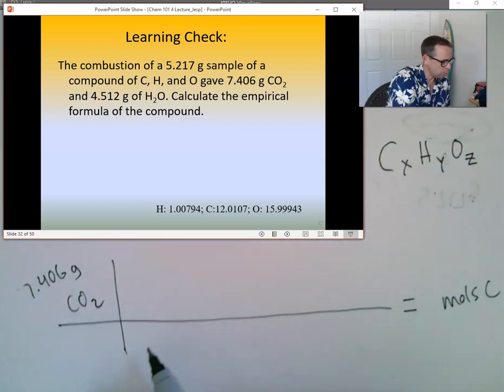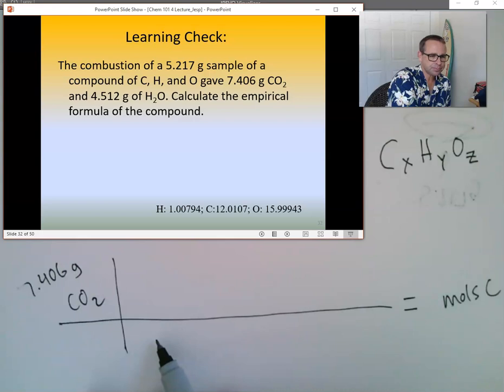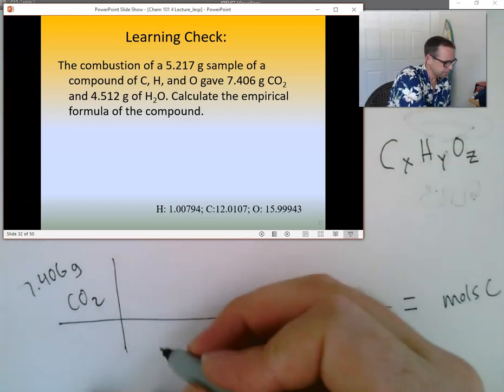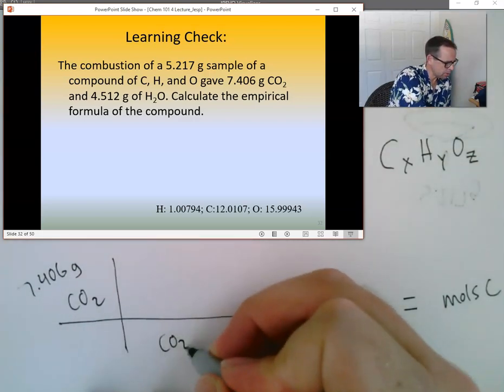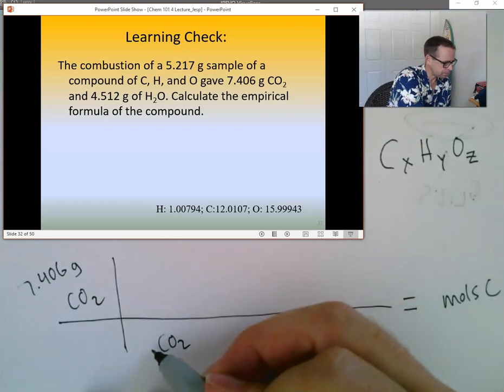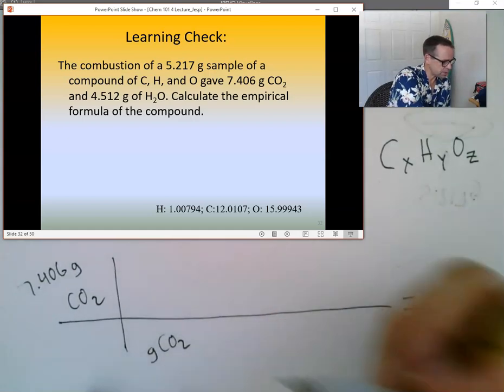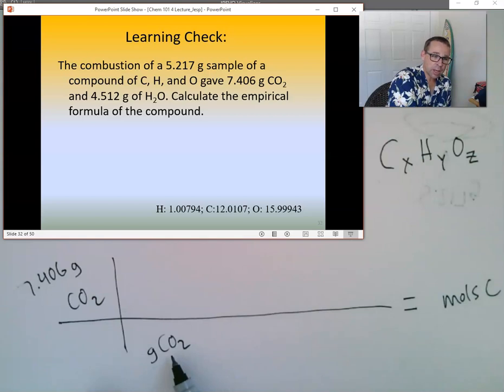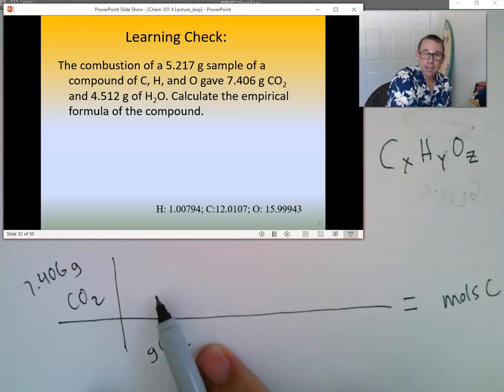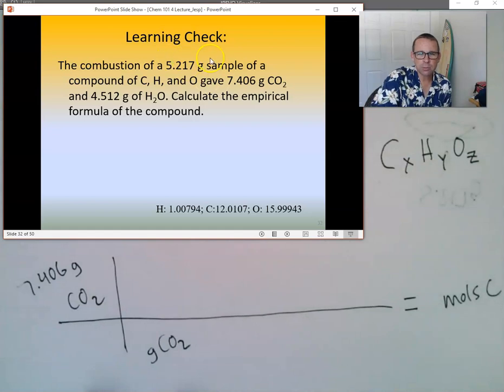All right. Now what goes down here? Carbon dioxide. And what are the units for the carbon dioxide? Grams. Grams, that's right. And I can convert those grams to, we always like to go to the land of the moles, because in the land of the moles, we can get the stoichiometric relationship, or the power of this ratio, which is the X to Y ratio, right?